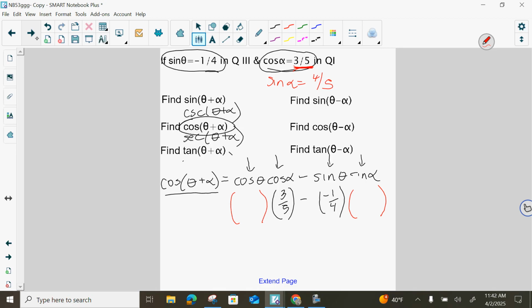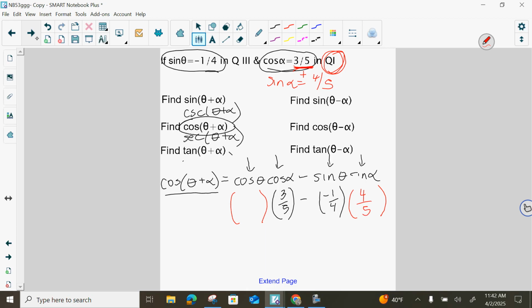Parker, positive or negative? Because quadrant 1, right? So sine of alpha, I know that's my 3, 4, 5 triangle. So I can plug in 4/5.